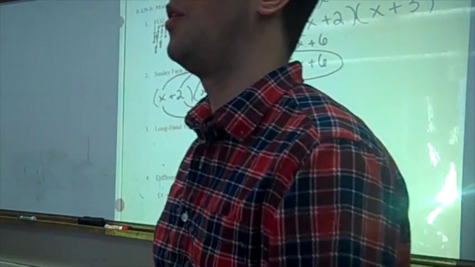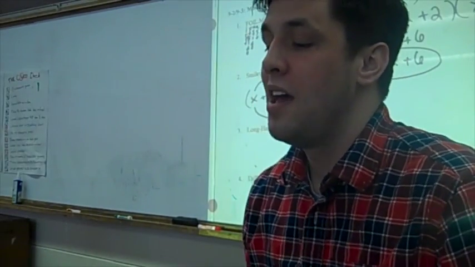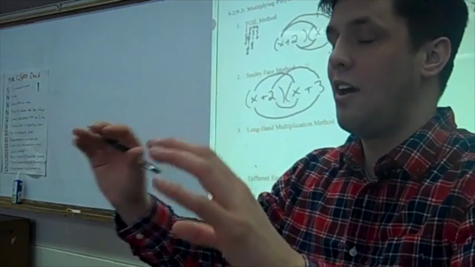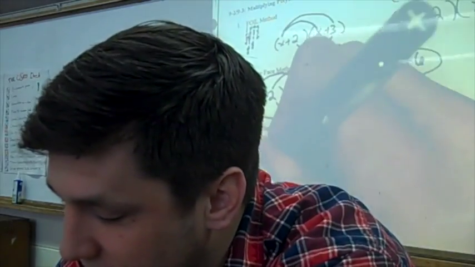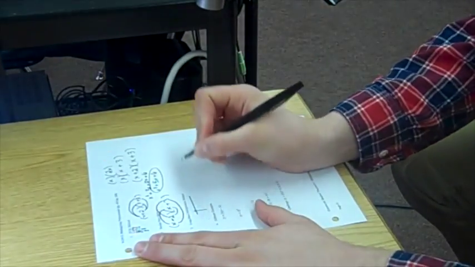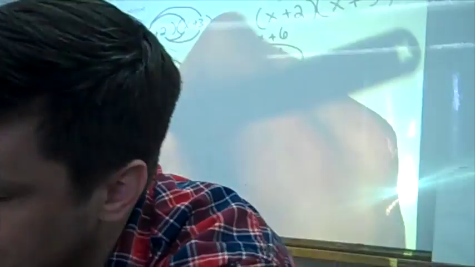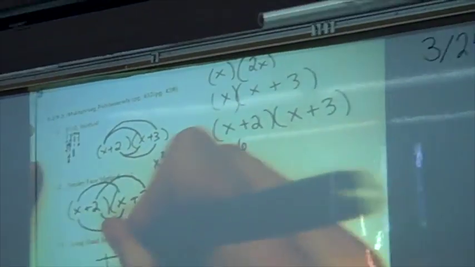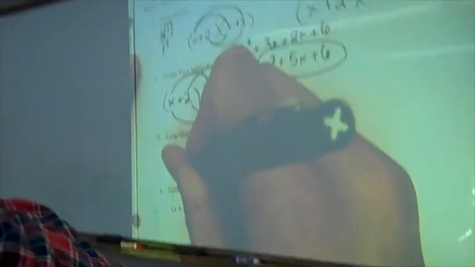All right, longhand multiplication. This is the method that will help you to be able to solve 2 polynomials of any length. It looks like a grid. What you do is you write your first on the top, so x plus 2, and then your second one on the side, x plus 3.